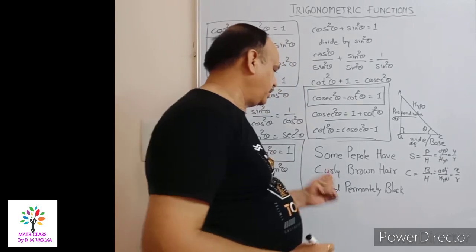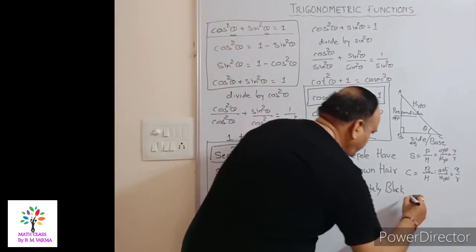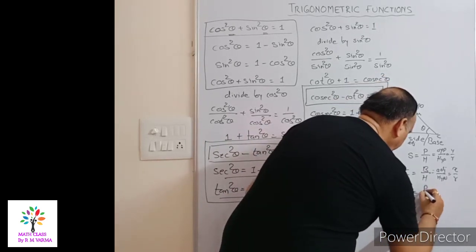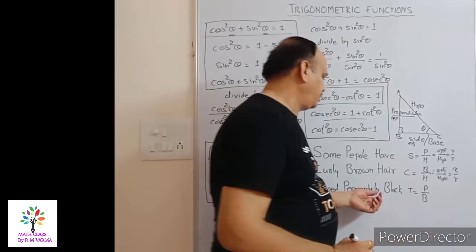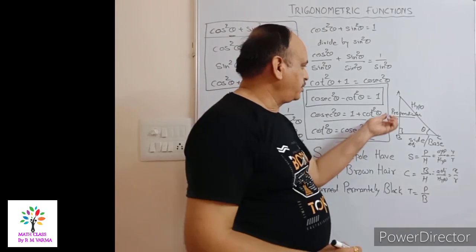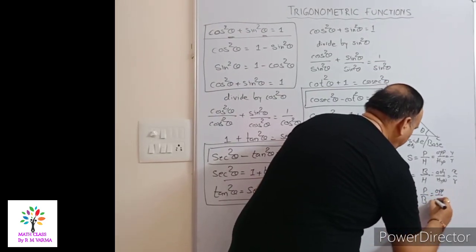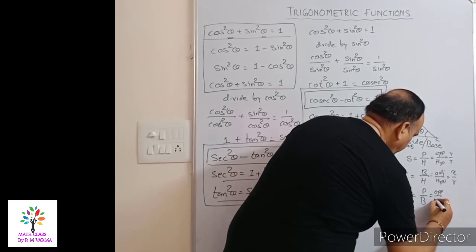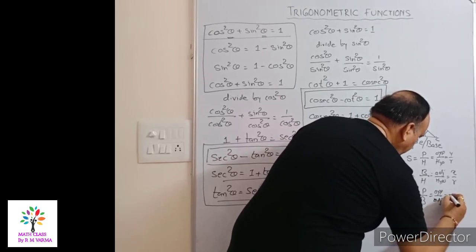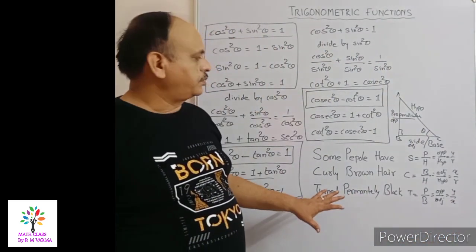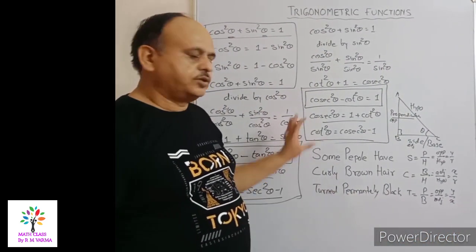Right. Third one, tan theta. So tan equals to P upon B. P means perpendicular upon base. Perpendicular, you can also call it as opposite, opposite upon adjacent. That is Y upon X. So this is how you can remember the ratios.